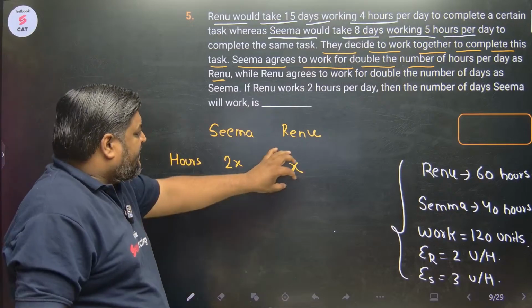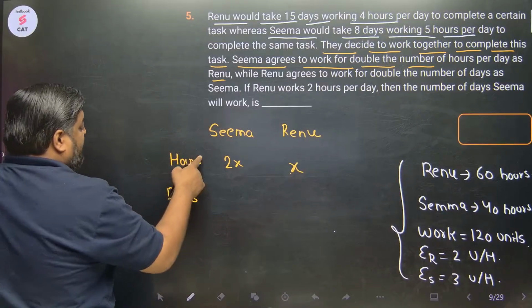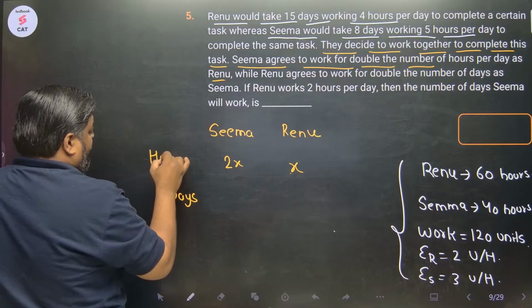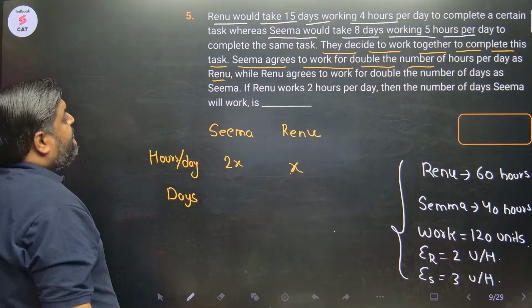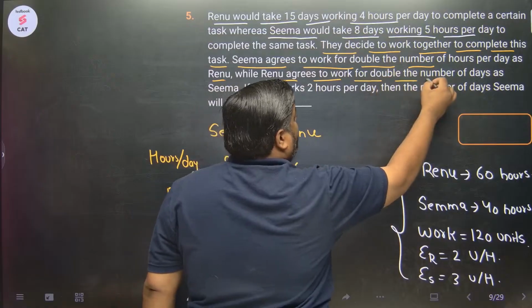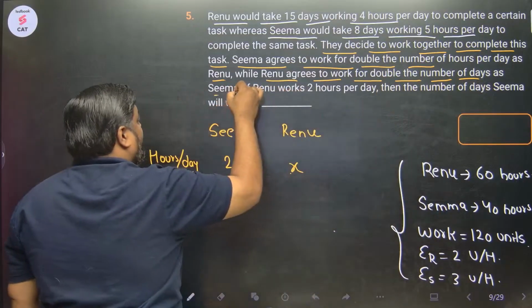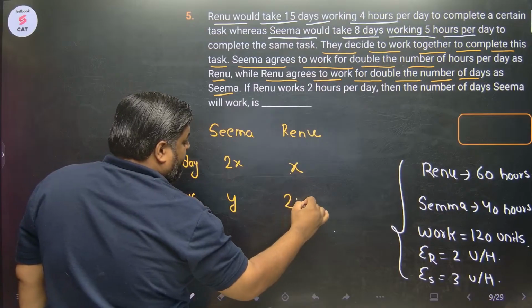So if Renu is working for x hours a day, Seema will work 2x hours per day. Hours per day would be a better statement. While Renu agrees to work for double the number of days as Seema. अगर सीमा y days काम करती है तो Renu will work for 2y days.